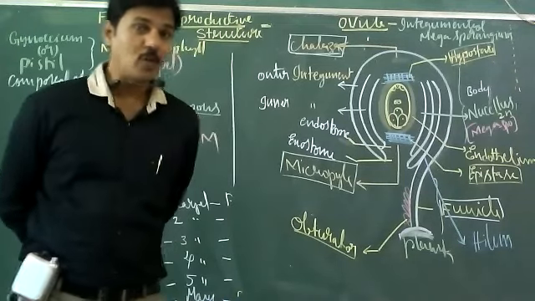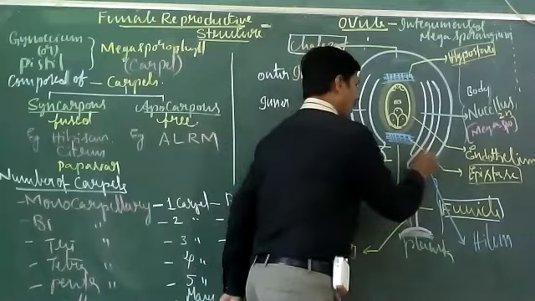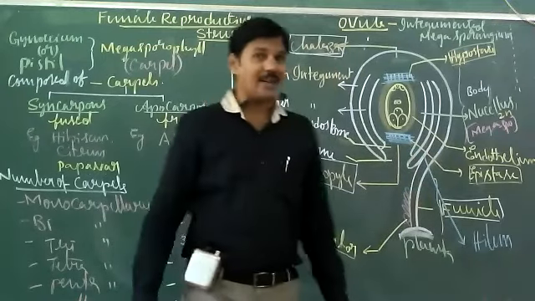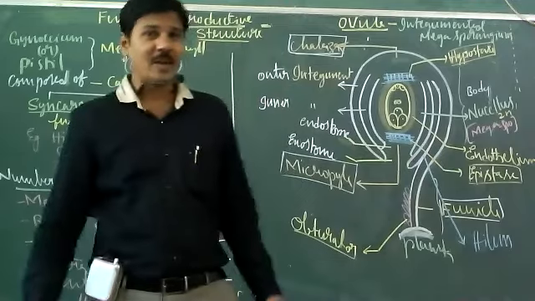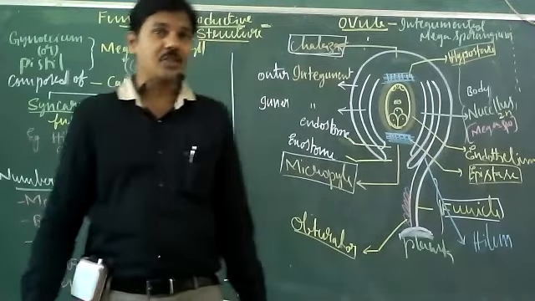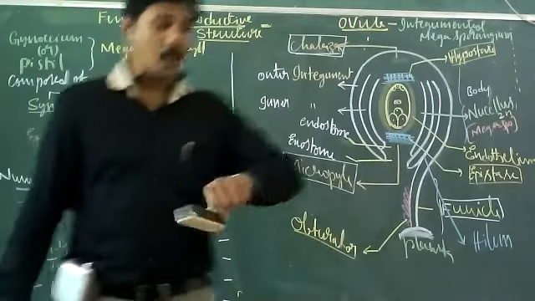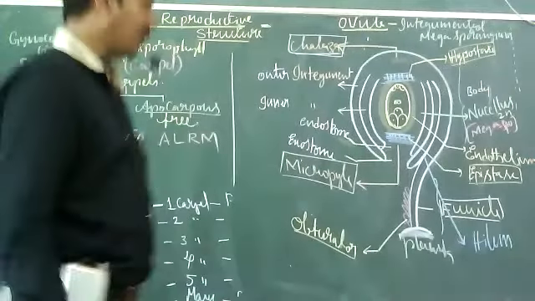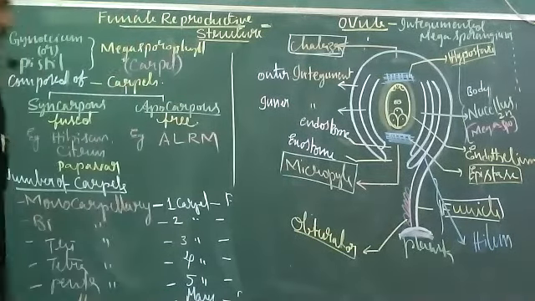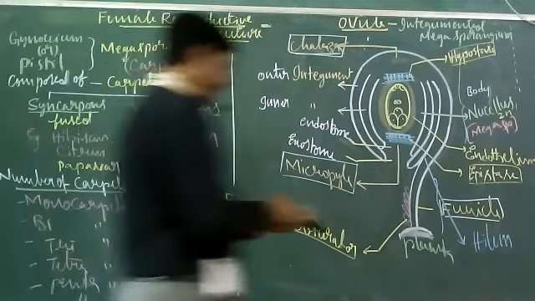The body of the ovule and the funiculus join at a particular region. Such a point is called the hilum, the point of attachment of the ovule to the funiculus.